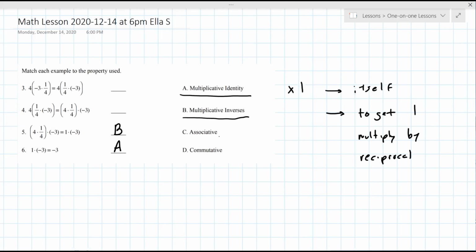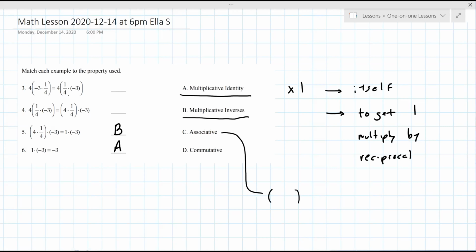The associative property has to do with parentheses and the placement of them. I can see why these would be complicated to look at.